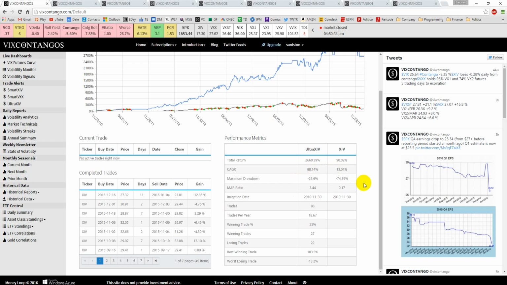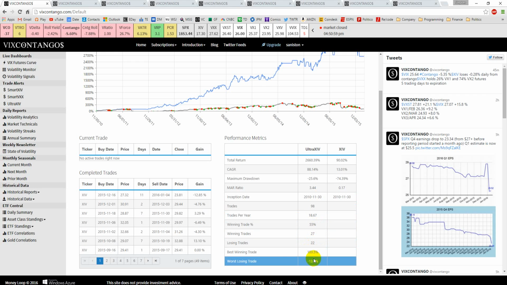Surprisingly, it hasn't had a huge drawdown, only minus 25%. The MAR ratio is 3.44, much better than the XAV itself at 0.71. It has also made about 100 trades, 98 trades, with a 55% winning percentage. So again, half the time the trades are not good, but when they win, they win big, and when they lose, they don't lose as much.